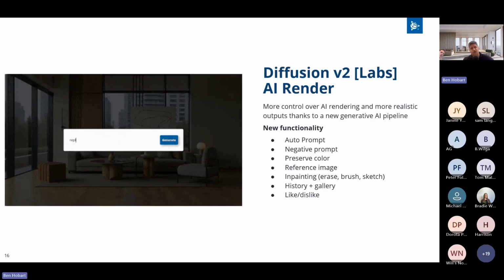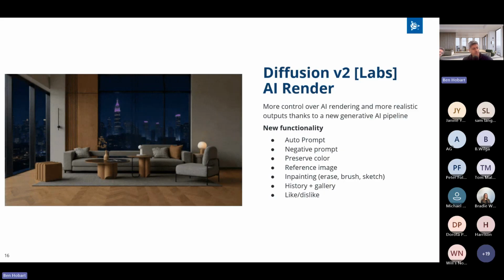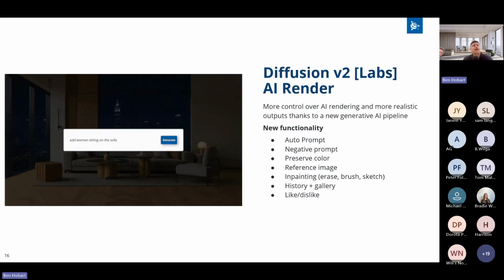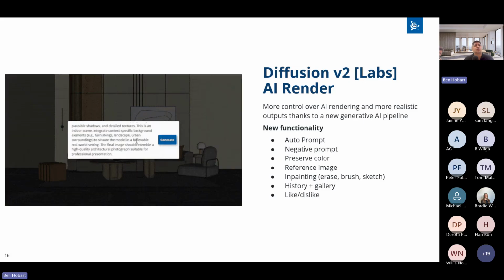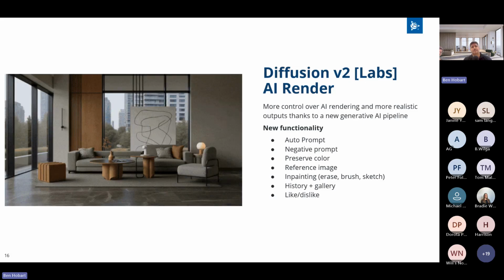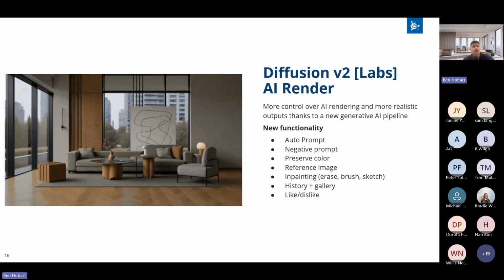Different to before, AI is still in the works. You're never going to get the perfect result, but now we have the ability to modify that result to suit our needs and obviously create better outputs.